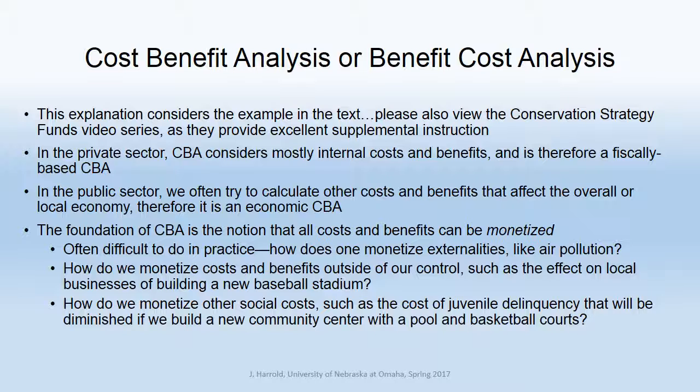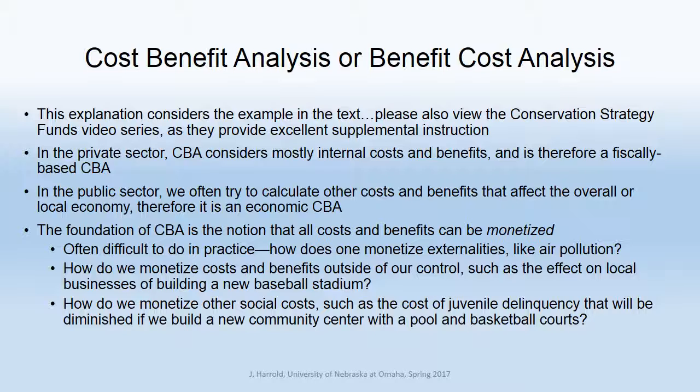The explanation that I go through here considers the example in the text, the swimming pool example. I'd like you also to look at the Conservation Strategy Fund's video series. They use different examples, of course, but they provide some really excellent instruction. In the private sector, a cost benefit analysis really considers mostly internal costs and benefits, so it's basically fiscally based.